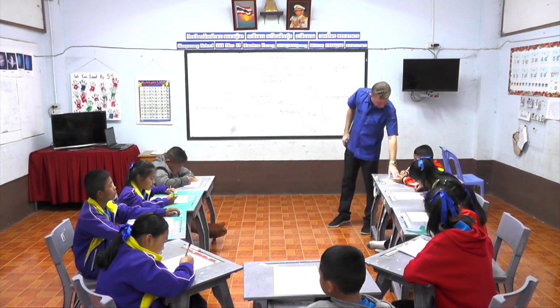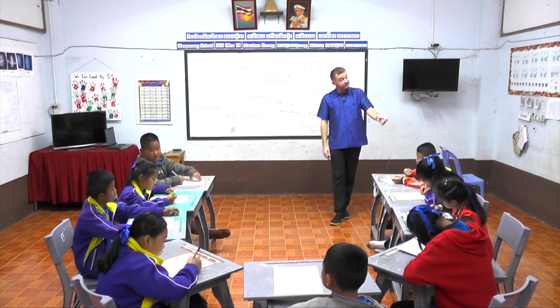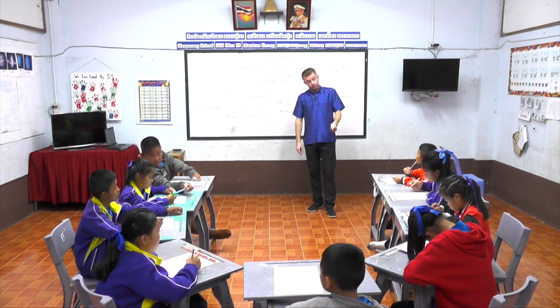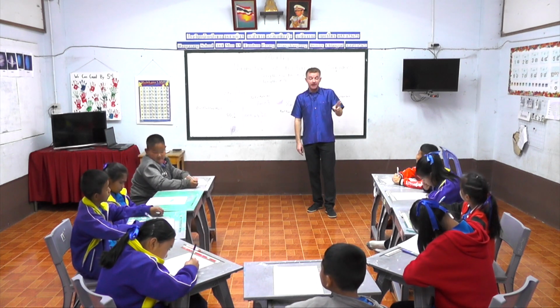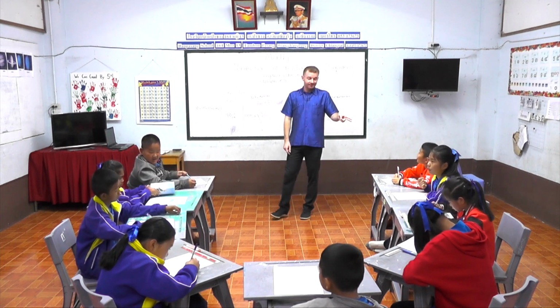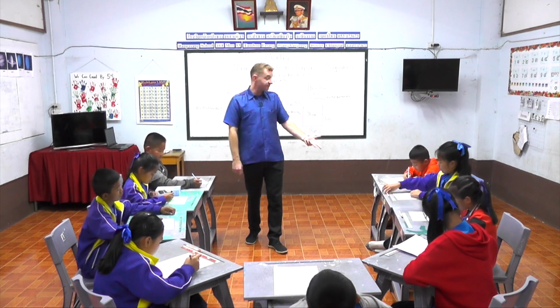Be careful. 11 plus 11 equals 22. 22 times 2, not 42. 22 times 2, 44. Perfect. Well done. 44. Or we could do 11 times 4.